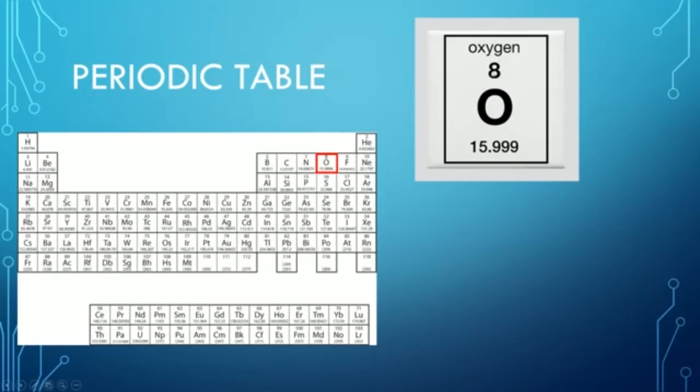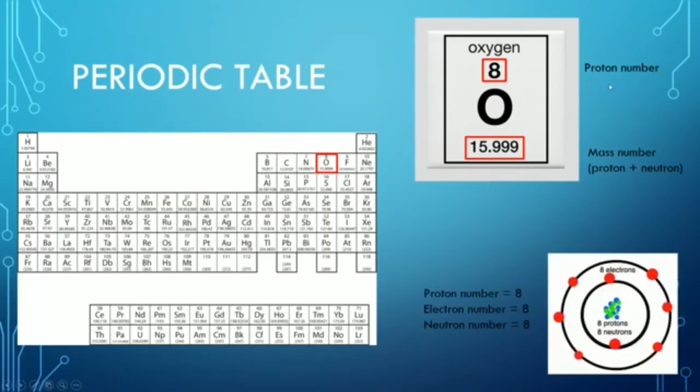So the top number, or the smaller number, is what we call the proton number, and we talked about this before. It's simply the amount of protons in a single oxygen atom. And this is the mass number, and remember, mass number is a sum of protons and neutrons. So just from this information that we have here, we can actually determine the number of protons, neutrons, and electrons in a single oxygen atom.